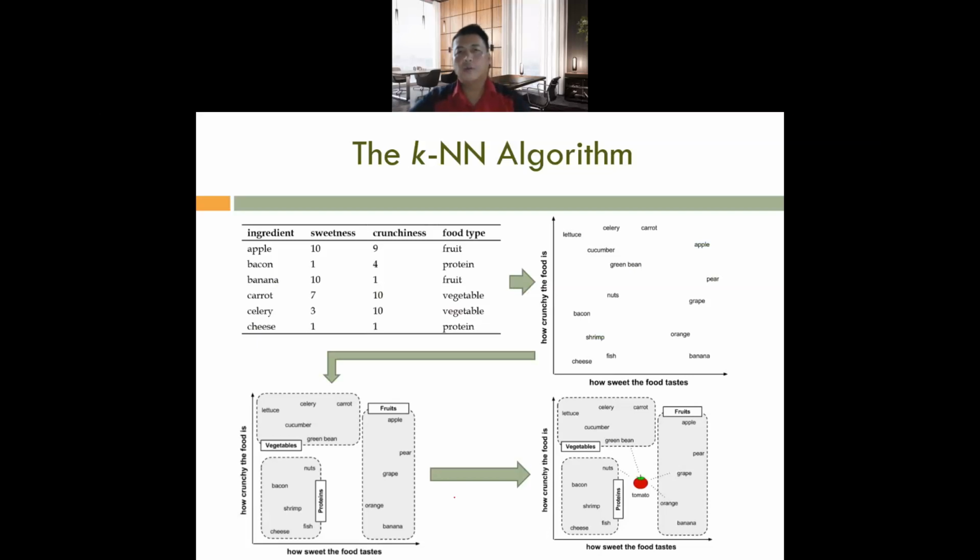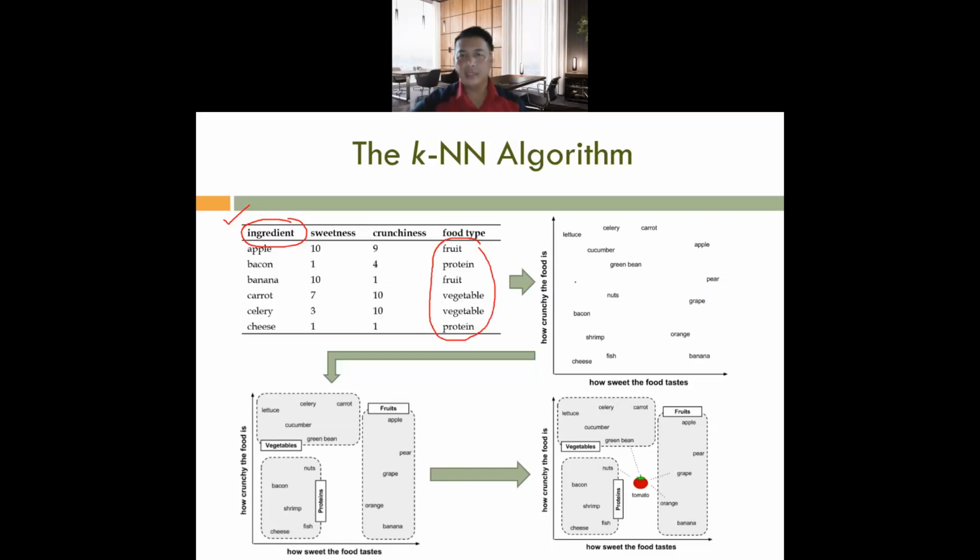For example, suppose we have this data set, which refers to ingredients. We have some kind of marks or scale for sweetness, crunchiness, and then we also have a label.